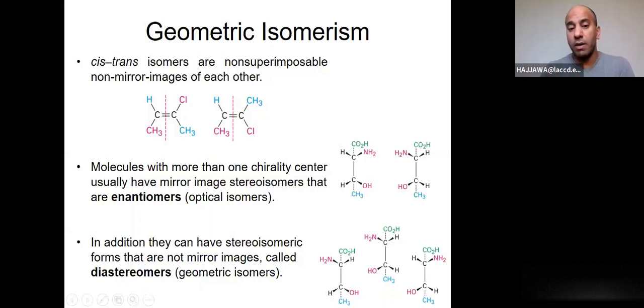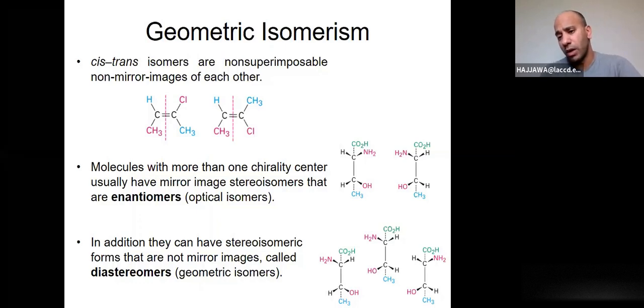So this term, diastereomers, is usually used for two types of compounds: cis and trans, because they are non-superimposable and non-mirror image, and they are also used for compounds that are not fully enantiomers. They are partially non-superimposable, partially mirror image. Therefore, they will be labeled diastereomers.